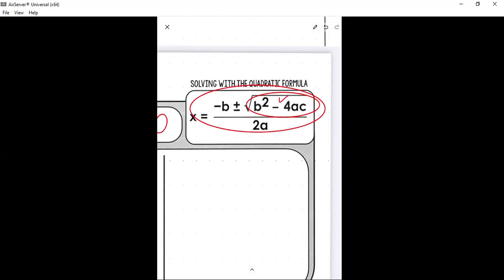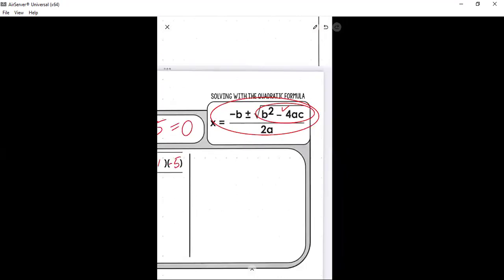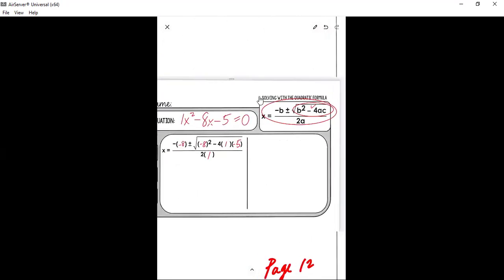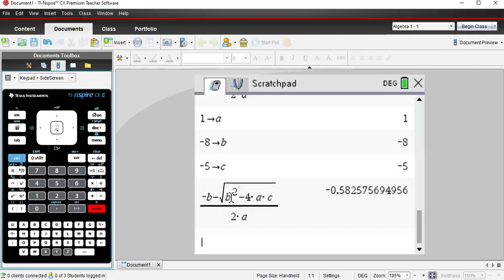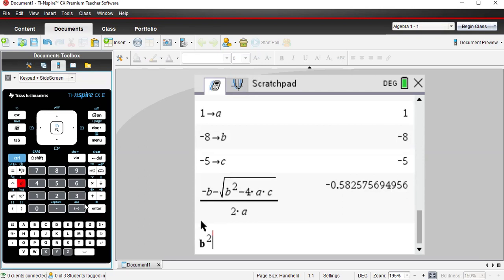We're just going to leave that number in there. Let me show you what I mean. I'm going to use the calculator again just to get the part inside the square root, the b squared minus 4ac part. I already know it's going to be a non-perfect square, so I go b squared minus 4a times c, and then I press enter.